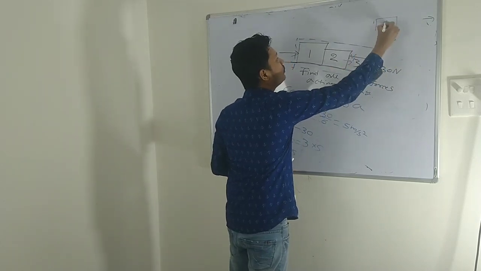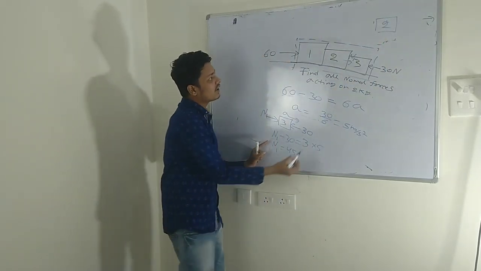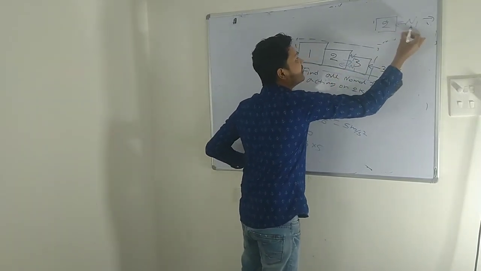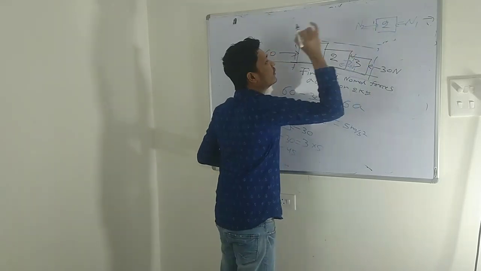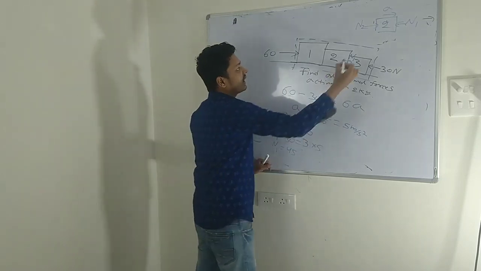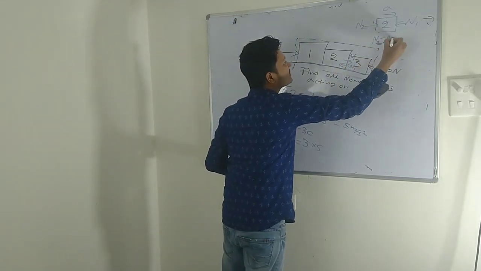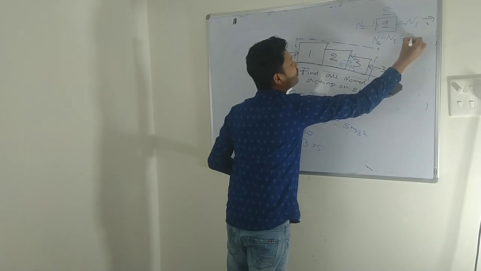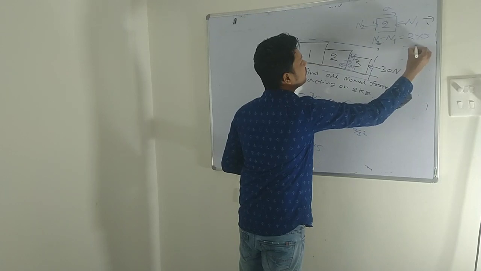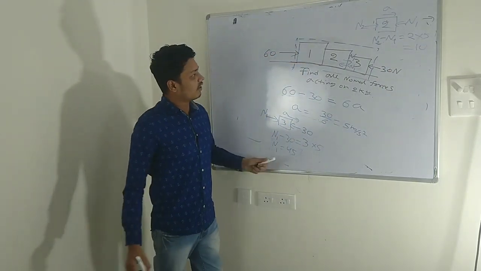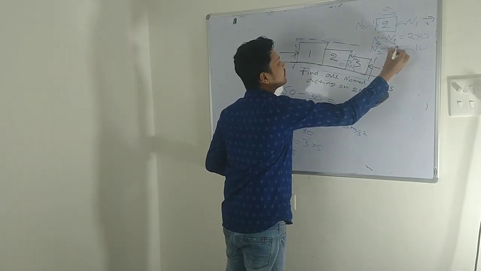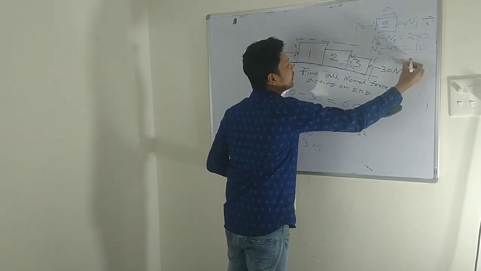If I take 2 kg as a system, one force acting here is N1 due to 3 kg, and let me say N2 due to the other block, and acceleration is 5. So N2 minus N1 is equal to 2 times acceleration 5, so 10. But N1 I already know, 45. So N2 minus 45 is 10, and similarly N2, you get it, 55.